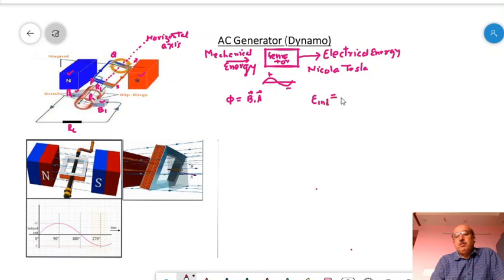The equation for Faraday's law of induction is E induced equals minus d by dt of magnetic flux phi.